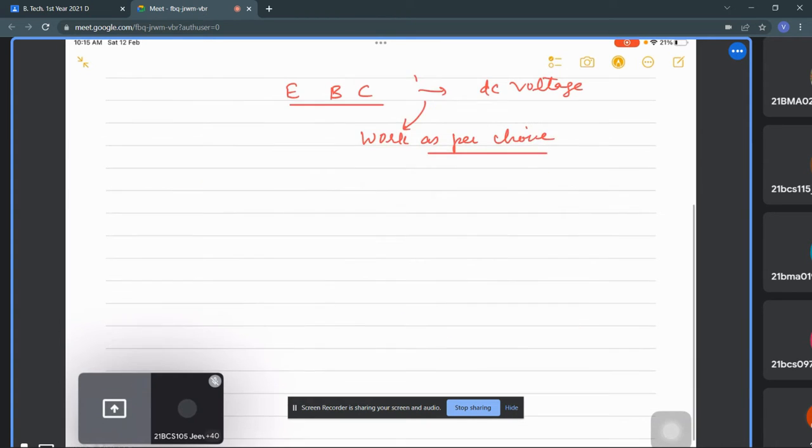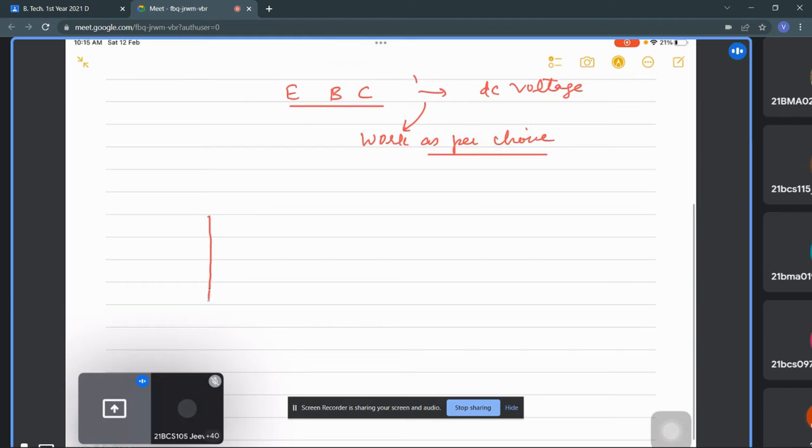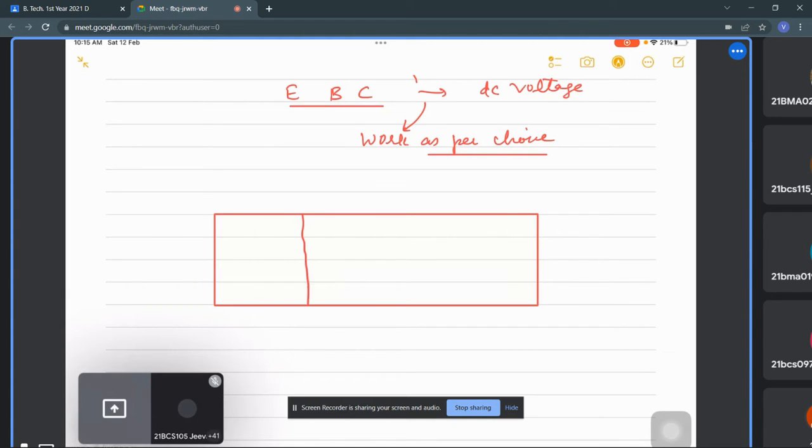So if I talk about this transistor, this is N positive, this is P, this is N. Right? We know this is the emitter, this is the base, and this is the collector.